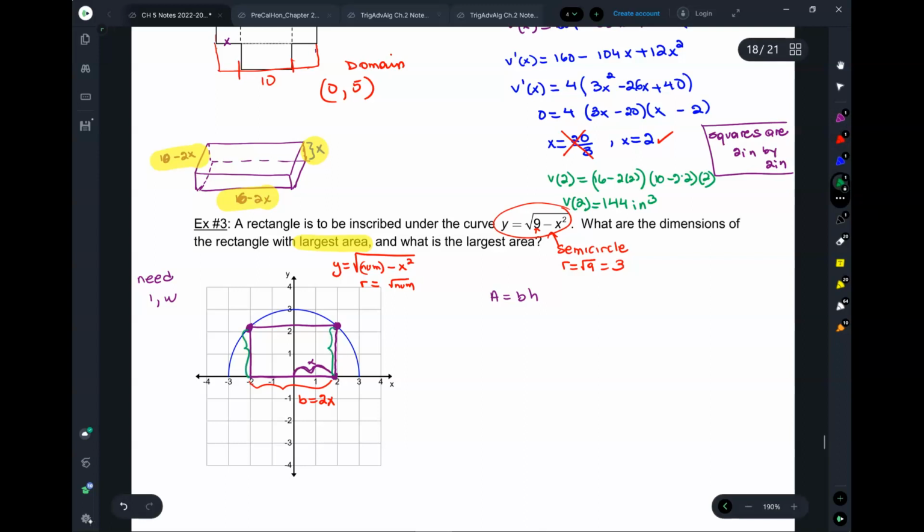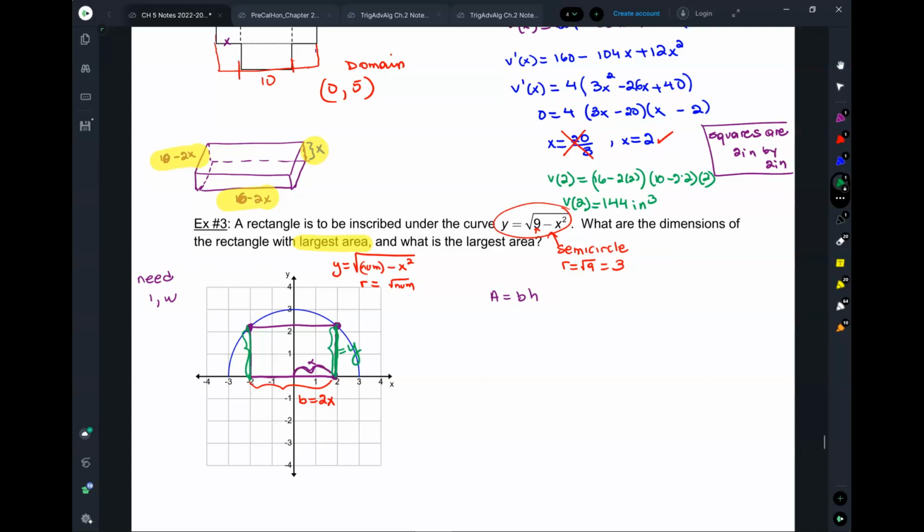Because this is inscribed, because that vertex always touches the graph, no matter where your rectangle is, the height is always going to be the distance from the x-axis to the graph. Another way to say that, because it's going to the graph, is this is always going to be y.